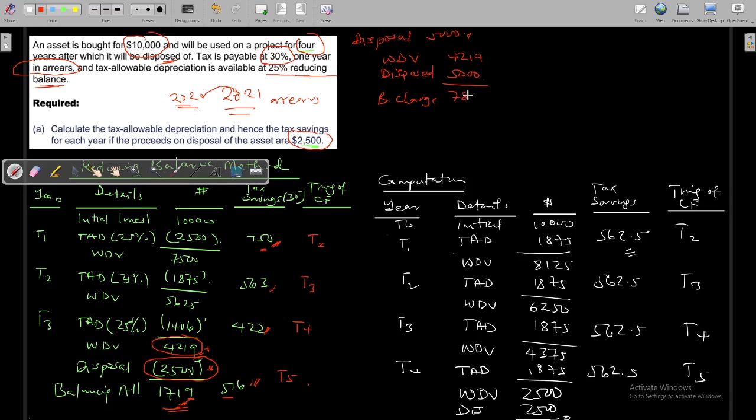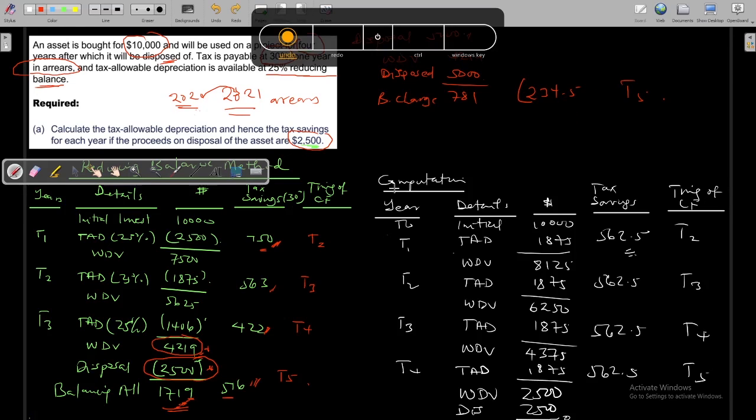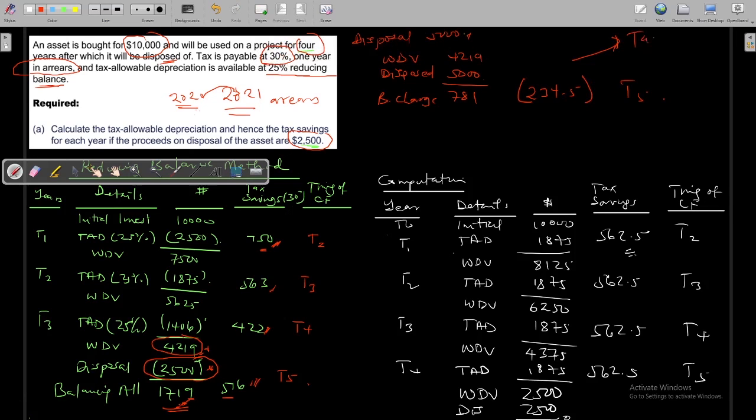When you multiply 781 by 0.3, you get 234.5, and this will be paid to the tax authorities.